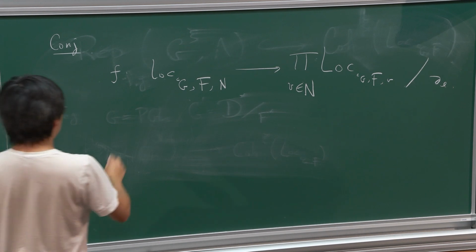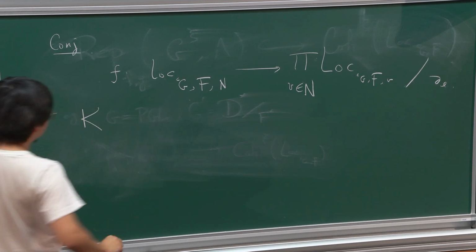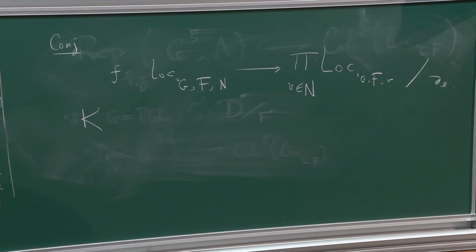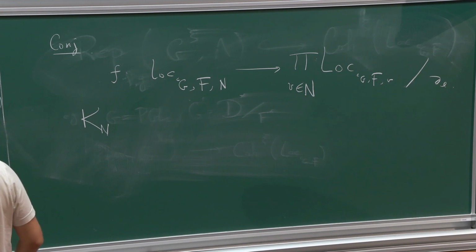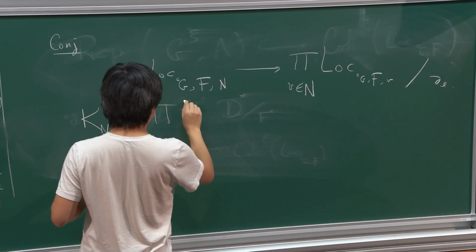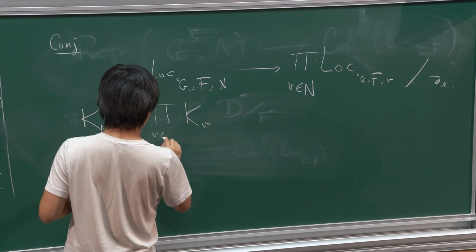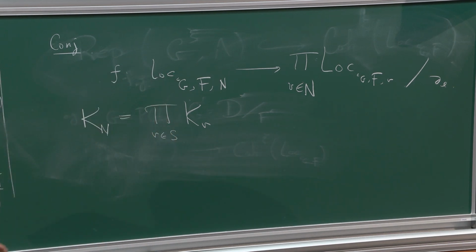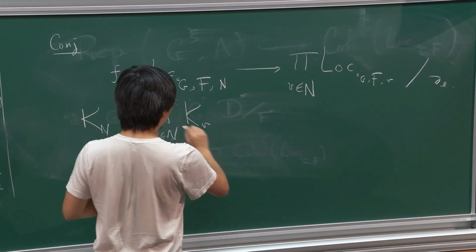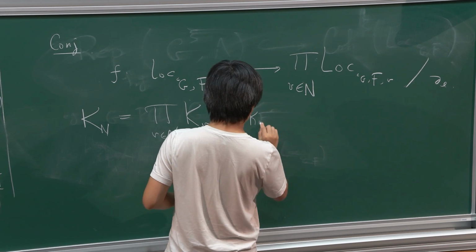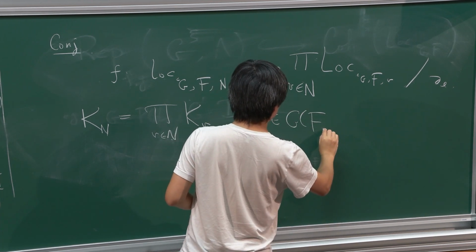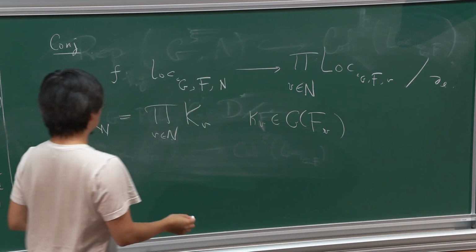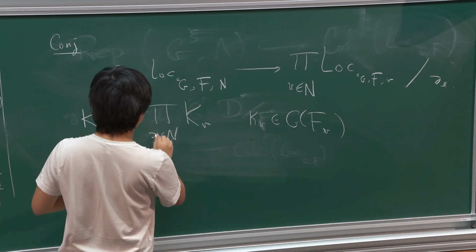Okay, so now for each level K, outside N it's going to be a hyperspecial level, and only inside N is there a level. So let me write it as a product of all of these. This is some open compact, which probably Zhu will denote by X, maybe.